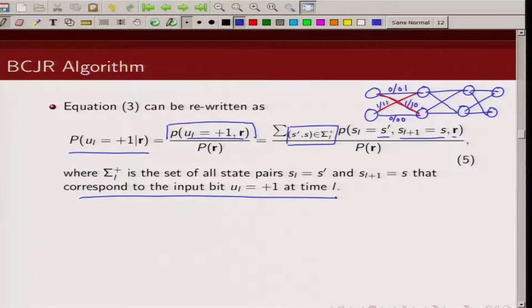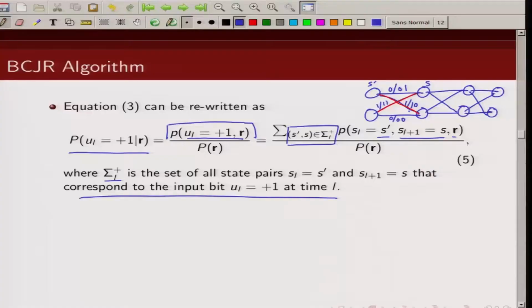So, note what is my sigma L plus. It is the set of all state pairs where the initial state is S prime, the next state is S. So, it is a pair of states where the input bit corresponding to a valid transition is +1. In this case, the set is given by this red line.